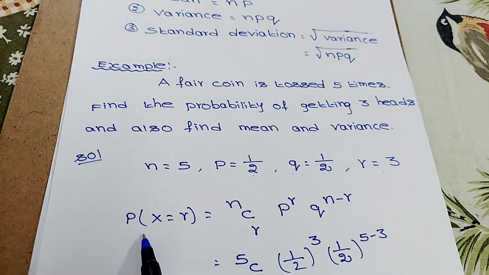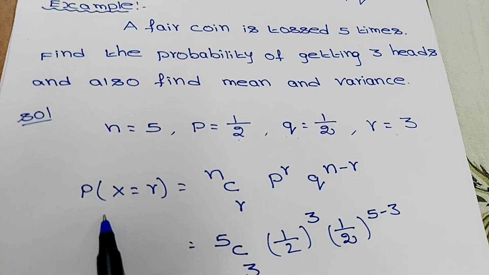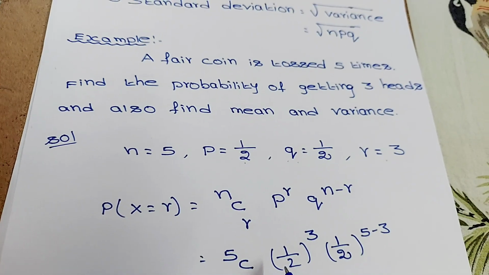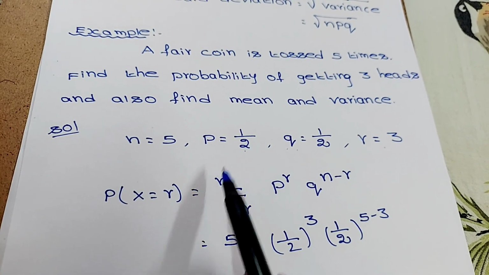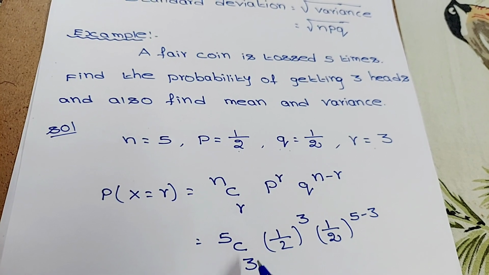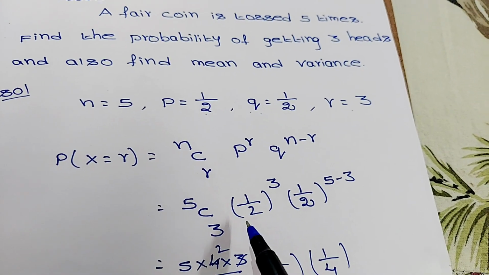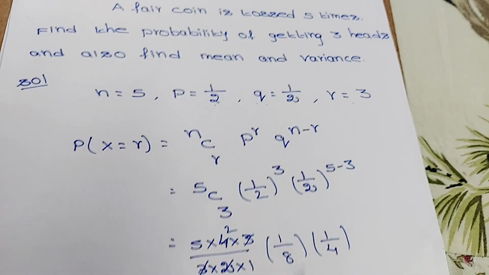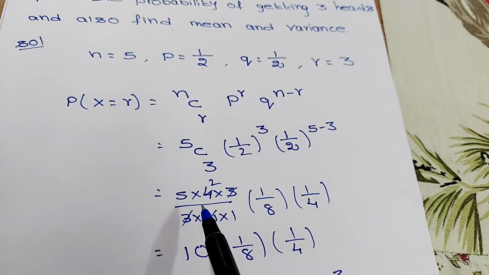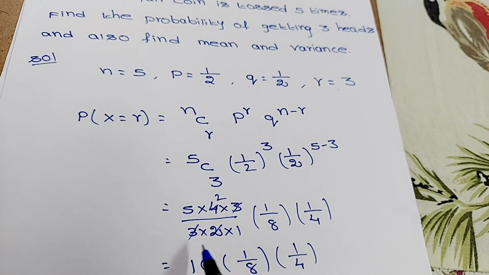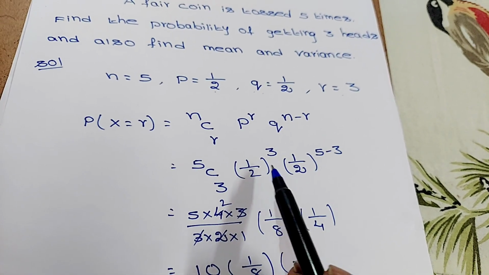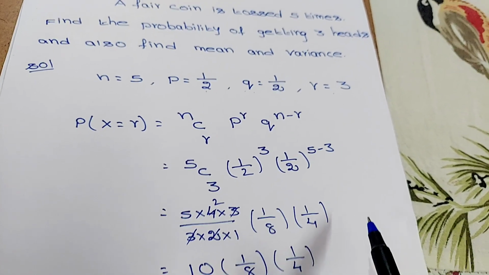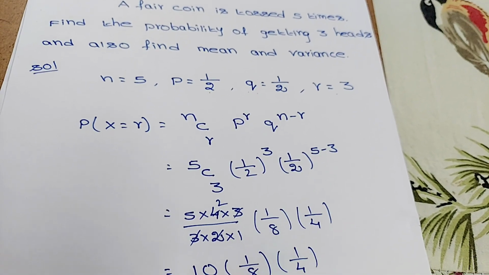So let's see the formula for binomial distribution. P of X equal to R equals nCr P power R Q power n minus R. Here n is 5, the number of trials, so 5C3, R is successes, 5C3 into P, which is 1 by 2 whole power 3, into 1 by 2 whole power 5 minus 3. 5C3 can be written as 5 into 4 into 3 divided by 3 into 2 into 1. 1 by 2 whole power 3 can be written as 1 by 8. 1 by 2 whole power 5 minus 3, that is 1 by 2 whole square, can be written as 1 by 4.